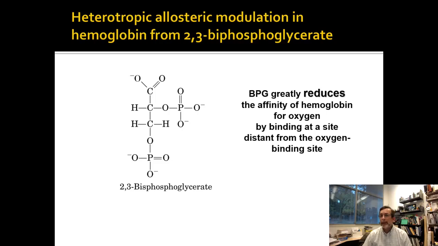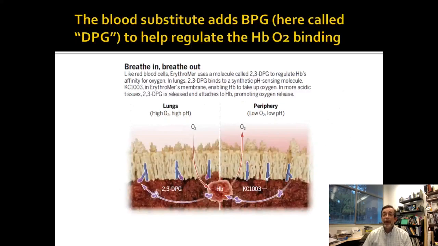For us, right now we don't care about where it gets it from. It just matters that it's around, and we can make more or less of it depending on the situation, which means that we can make more molecules to stick in the middle of hemoglobin to get in the way of oxygen binding. It turns out that they actually include this even in their erythromer, that blood substitute that we were talking about.